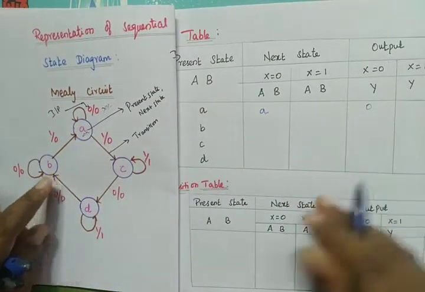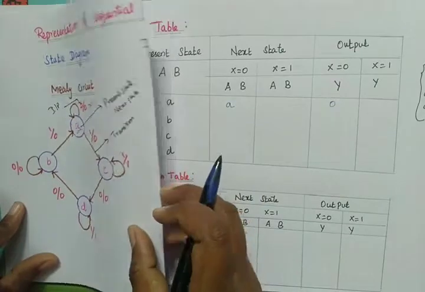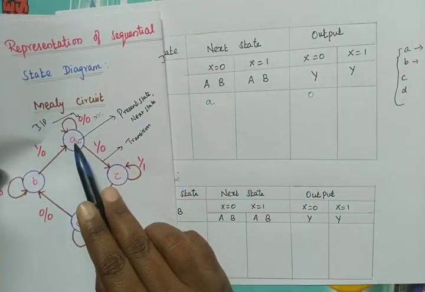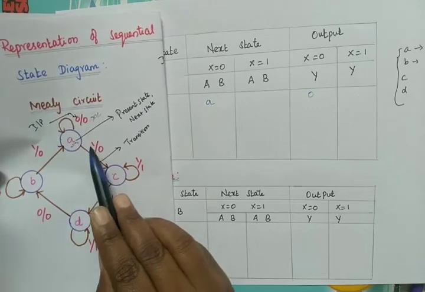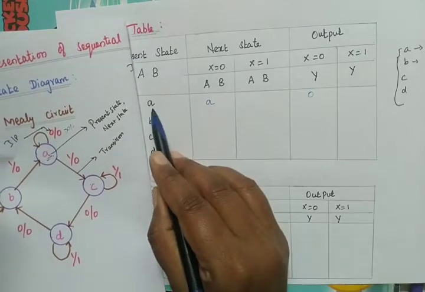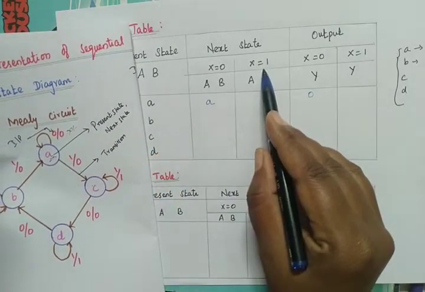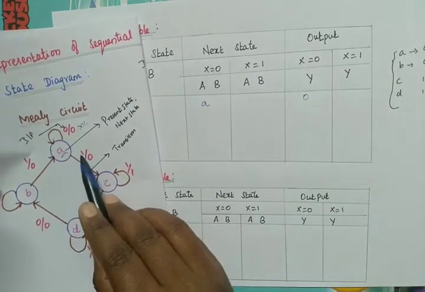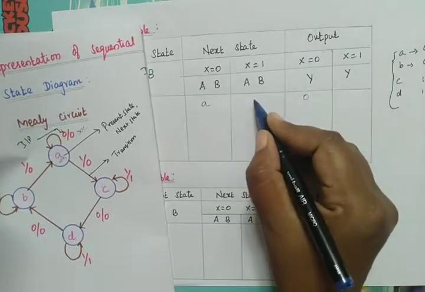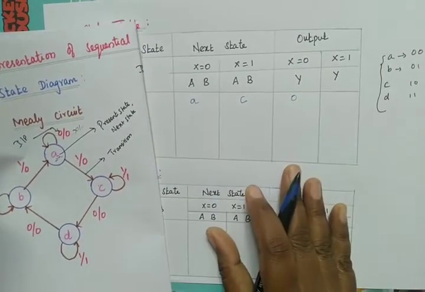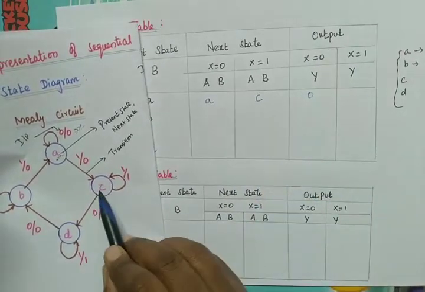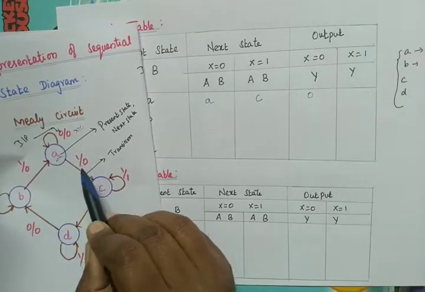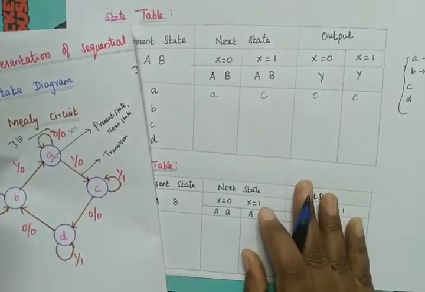The output is 0. Then the next one, for present state A, if the input is 1, what will be the next state? If the input is 1, the next state is C. Then the output, check this, is 0.